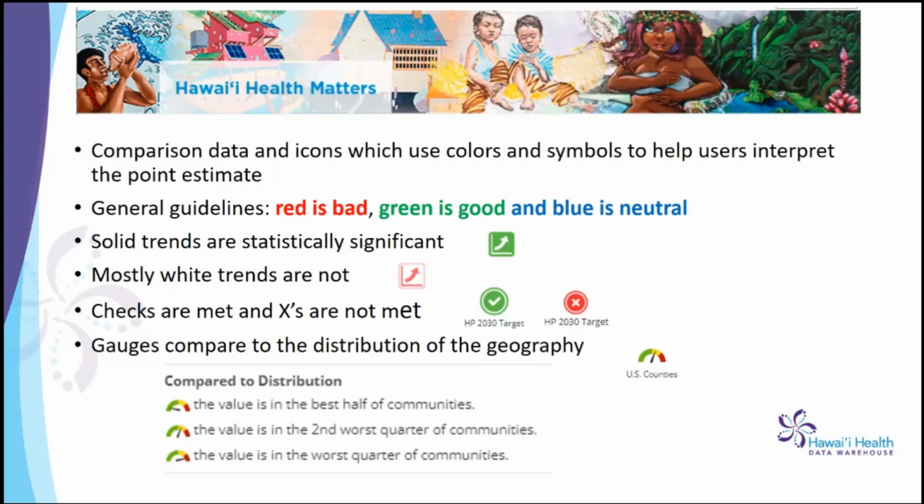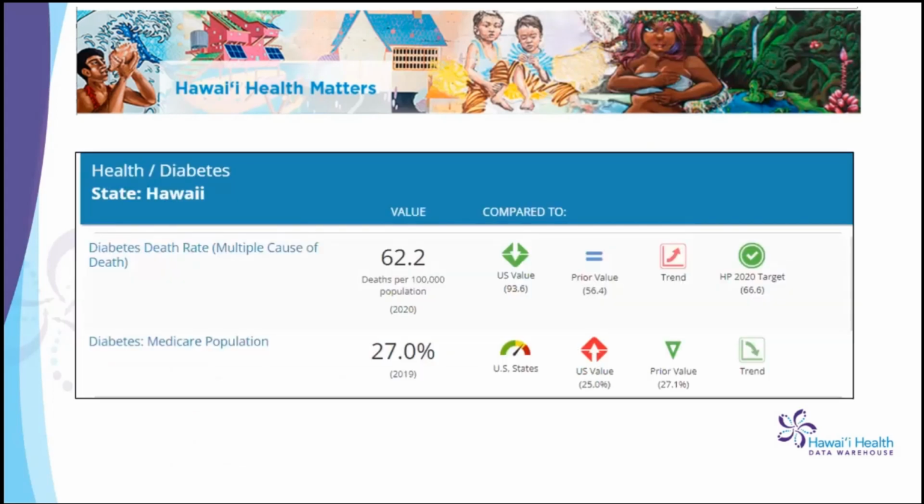If this data is available across multiple geographies, say state or counties, a gauge is used to show how your community compares to similar communities. So let's work through an example. Here you can see the diabetes-related death rate per 100,000 people and the percent of Medicare enrollees who have diabetes.